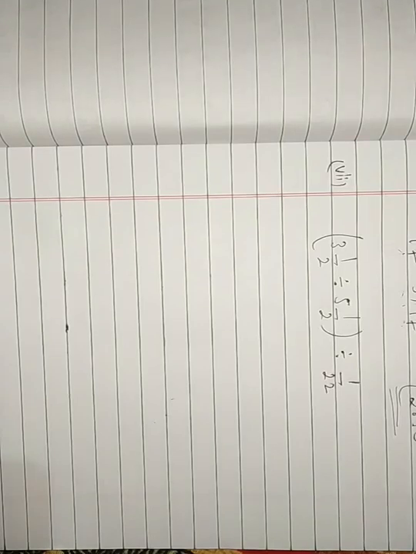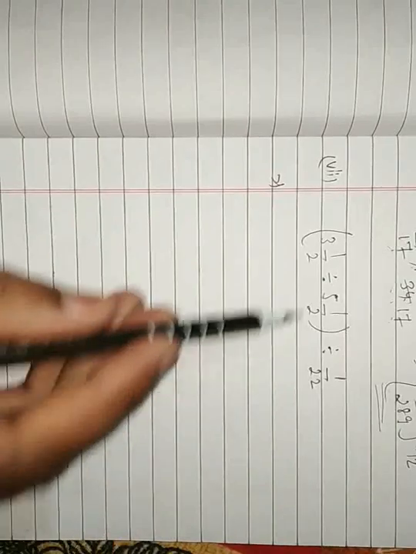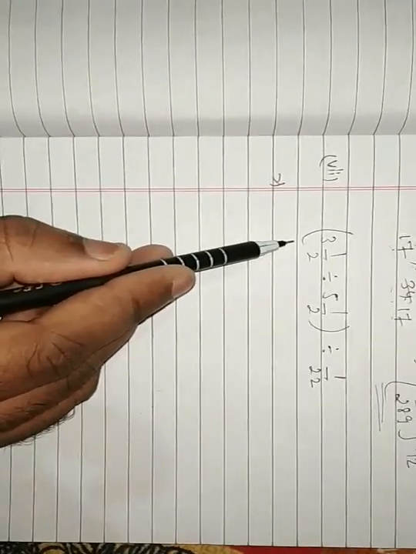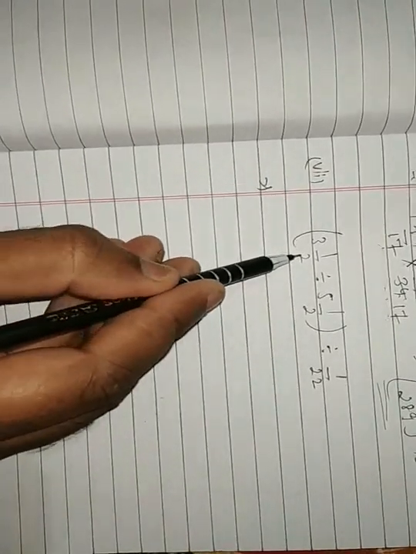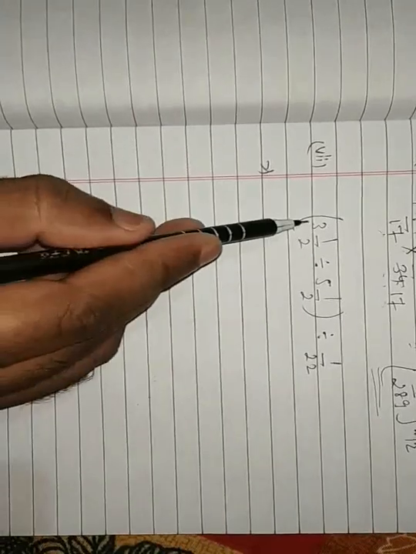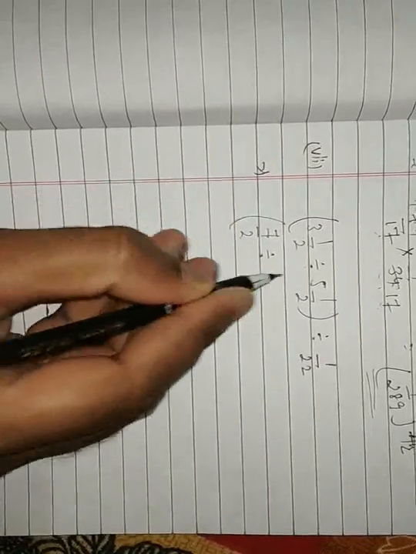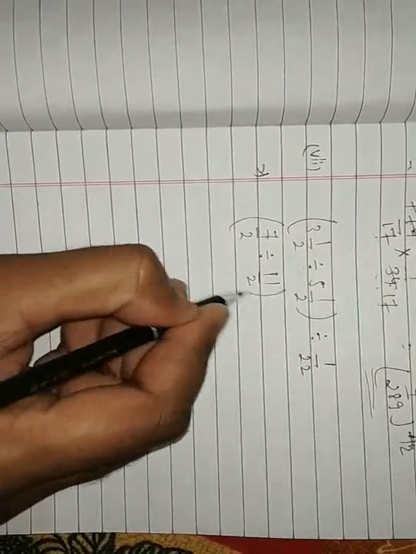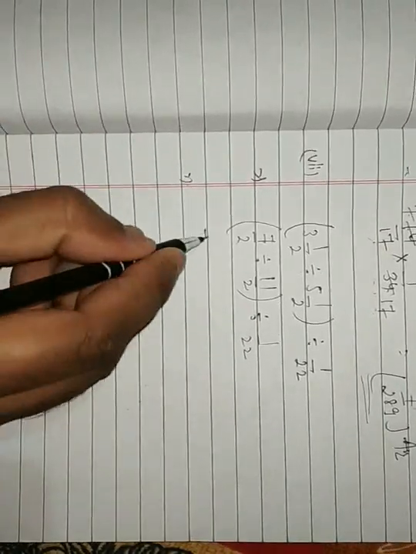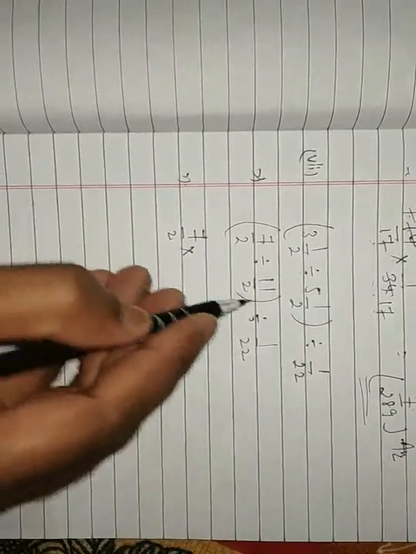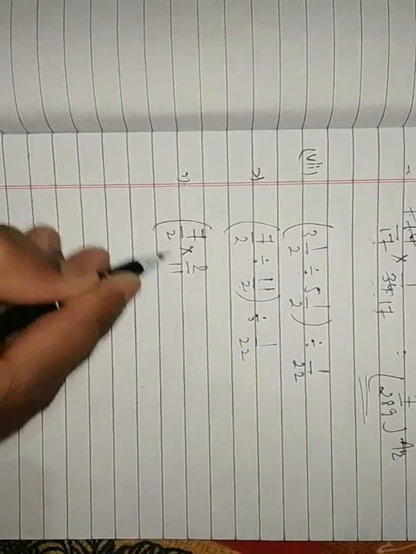I hope you all have solved it. So let's see what will be the answer of this question. We have 3 integer 1 by 2 divided by 5 integer 1 by 2 divided by 1 over 22. We convert the mixed fractions into improper fractions. 3 2s are 6 plus 1, 7 by 2 divide 5 2s are 10 plus 1, 11 by 2, bracket closed, divided by 1 over 22. 7 by 2, divide will change into multiply, and 11 by 2 will change into 2 by 11 as we take the reciprocal, bracket closed.